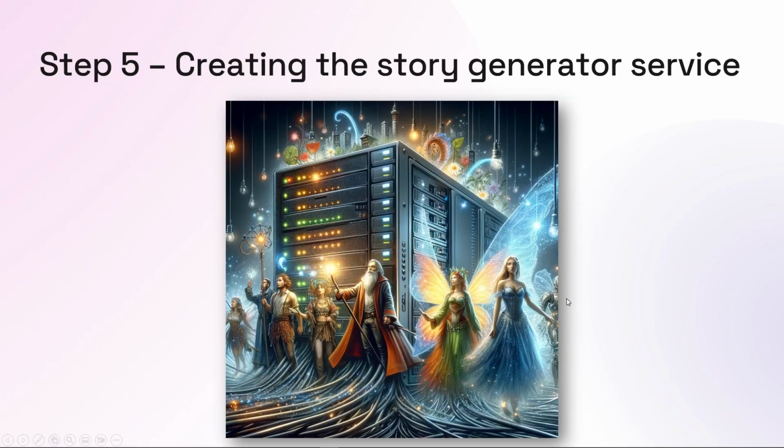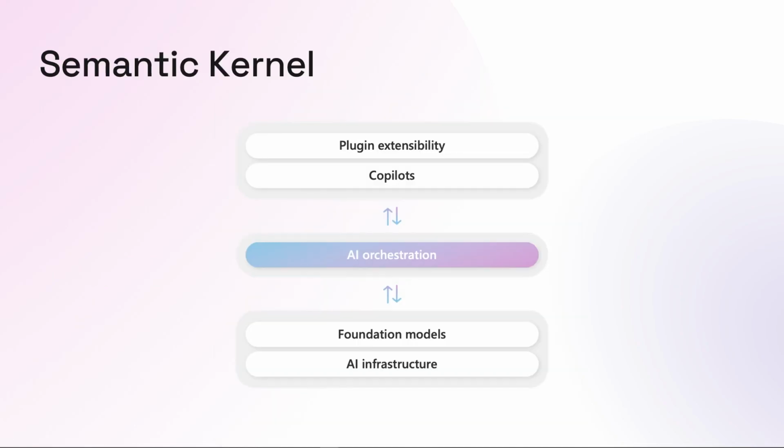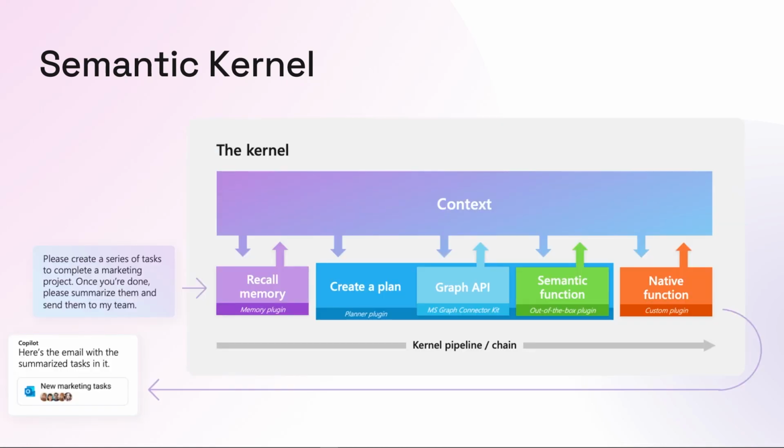The last part of the application is to create the story generator service. Basically, for this, we will use something called Semantic Kernel, which is an open source SDK framework that allows combining AI services like OpenAI, Azure OpenAI, and DALL-E with programming languages such as C# and Python easily.